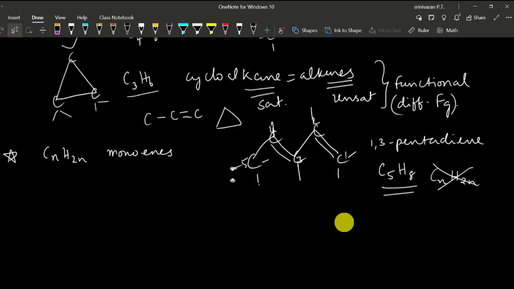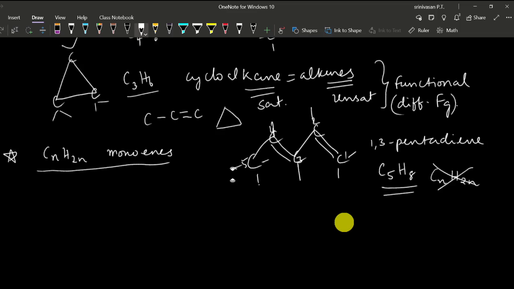So this CnH2n formula applies only to monoenes, that is alkenes having only one double bond. If it has multiple double bonds, then that formula will not apply. Depending upon the number of double bonds, the formula will vary, so you have dienes, tetraenes and so on.